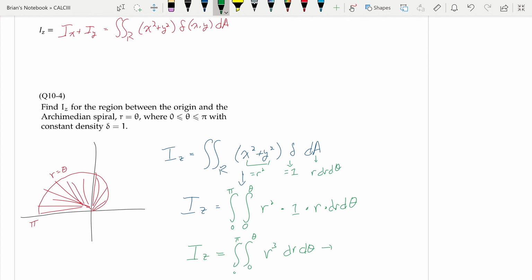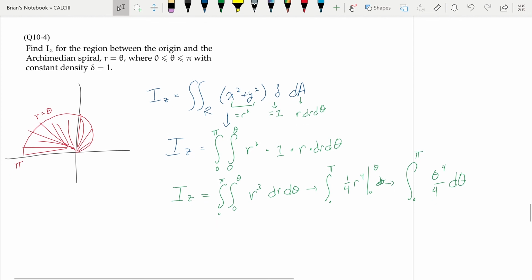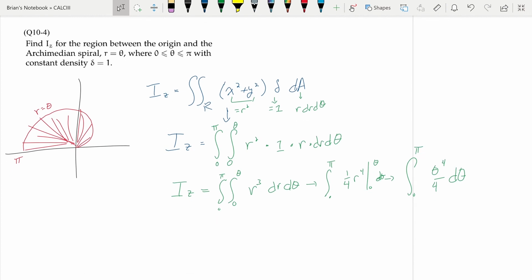So now we have basically a simple integral. We'll go 0 to pi. Let's integrate with respect to r. It'll be 1/4 r to the 4th, evaluated from 0 to theta. And then we've got a d theta on the outside. Then we'll have 0 to pi of theta to the 4th divided by 4, d theta. Okay, cool. So now we just have a one-dimensional integral.